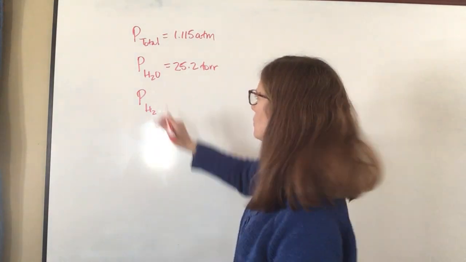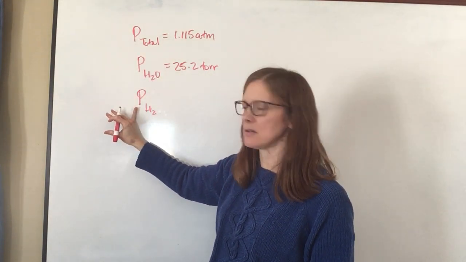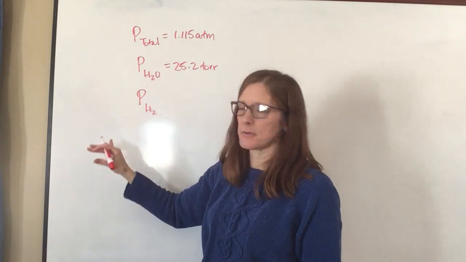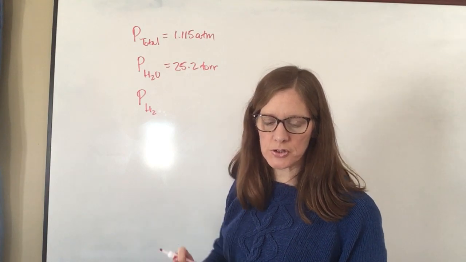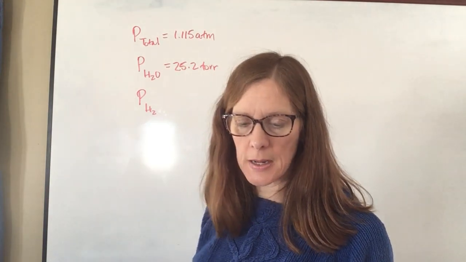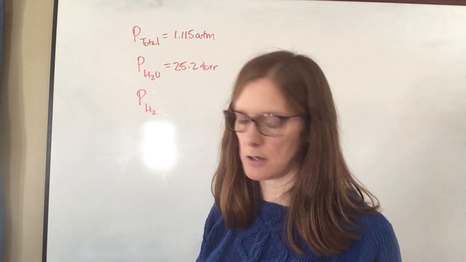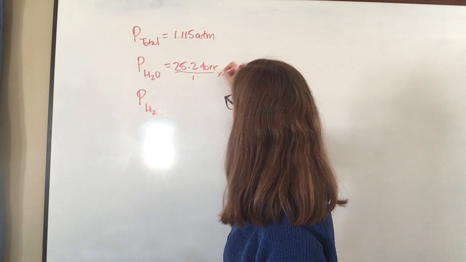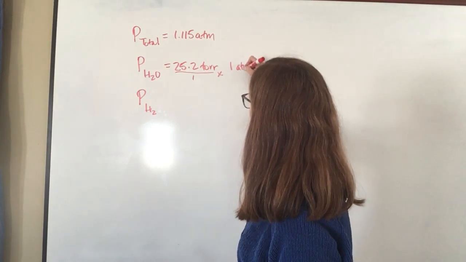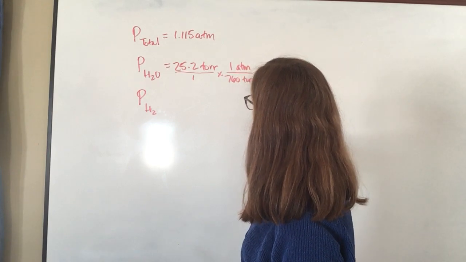If I know this pressure and this pressure, it's easy to find this one because they're additive. However, these two are in different units, so I have to make sure I have them both in the same units before I can do anything else. If I take my number of torr and convert it to atmospheres, in 1 atmosphere there are 760 torr.